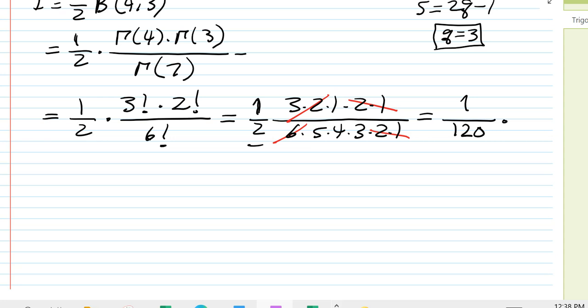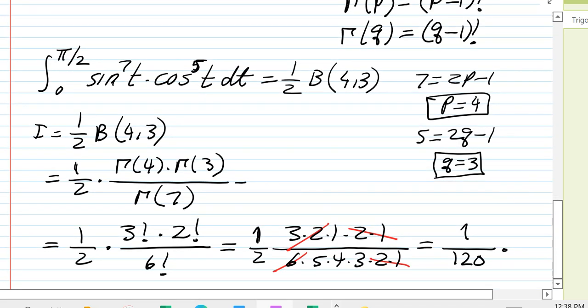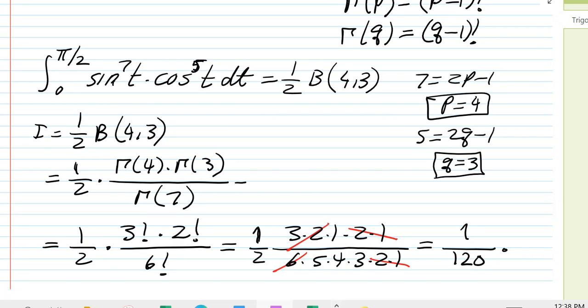We can actually use what we just learned about the trig form of the beta function to simply plug in these. Notice that we get there much faster. So of course this has its limitation.